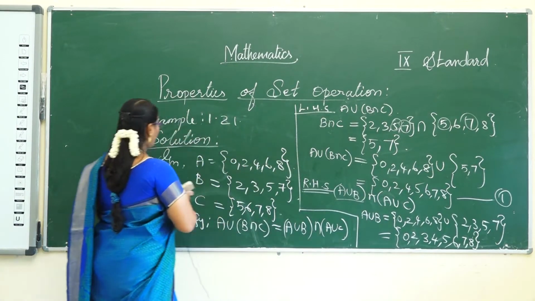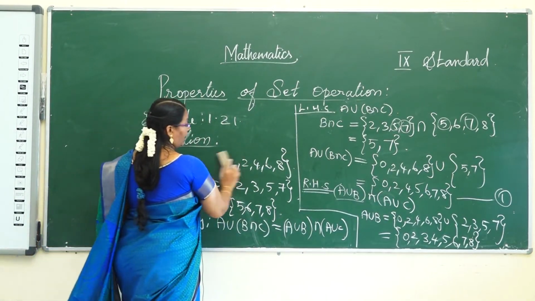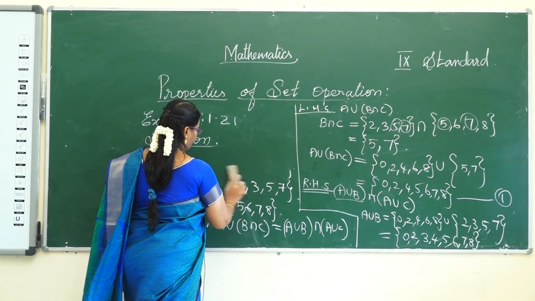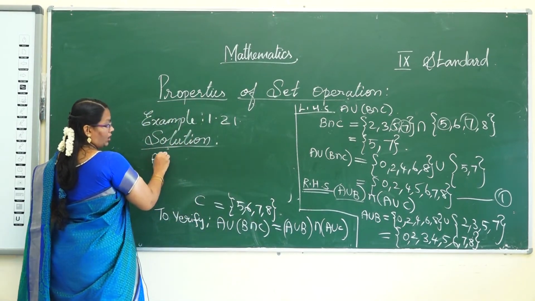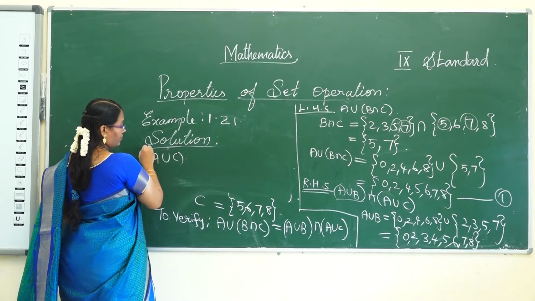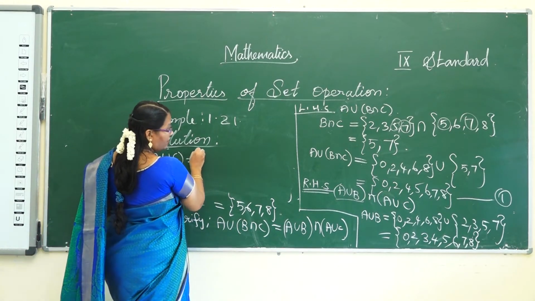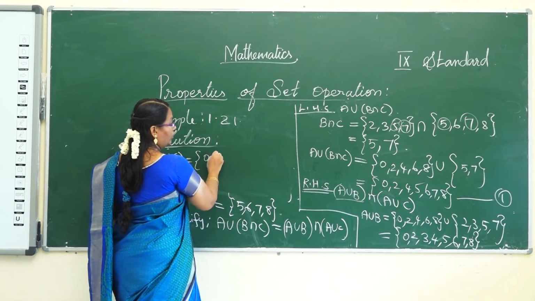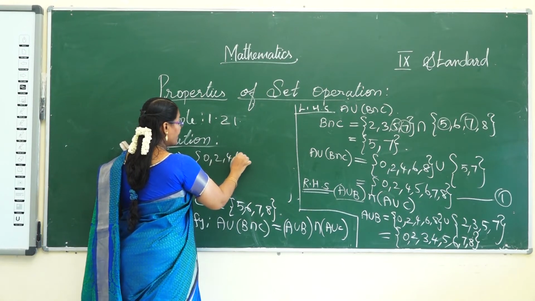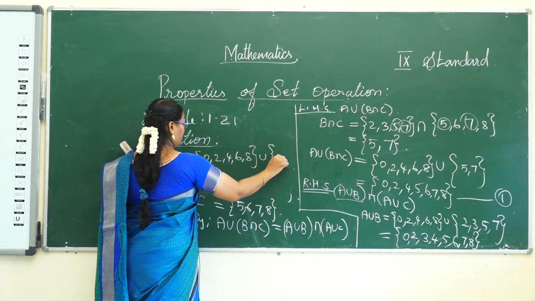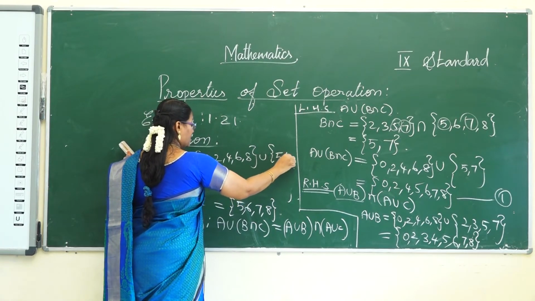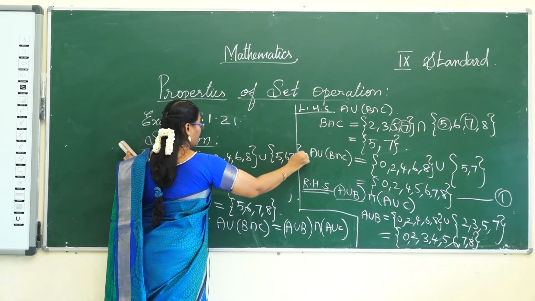Next, find the value of A union C. A is 0, 2, 4, 6, 8, union C, 5, 6, 7, 8.